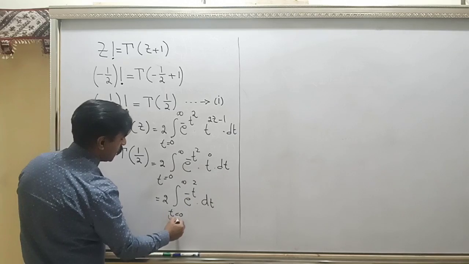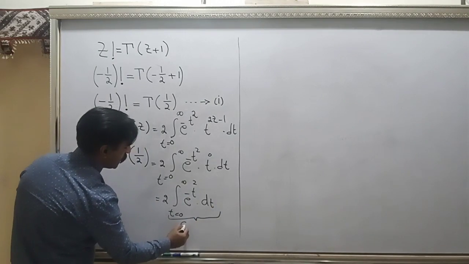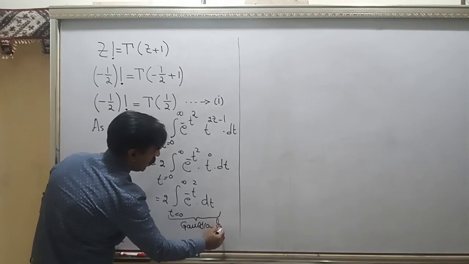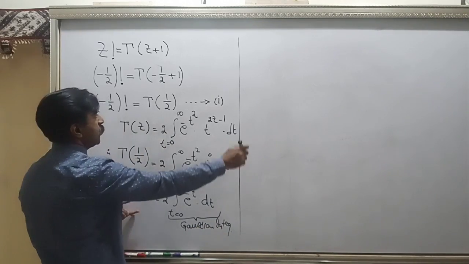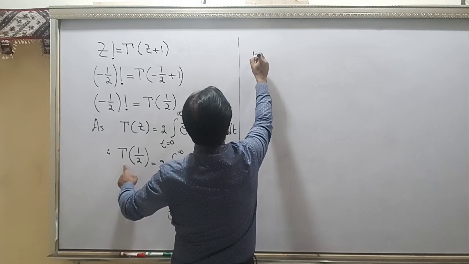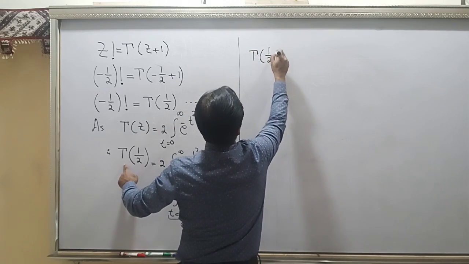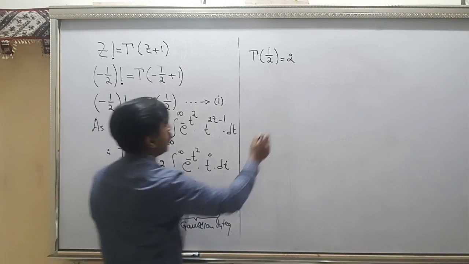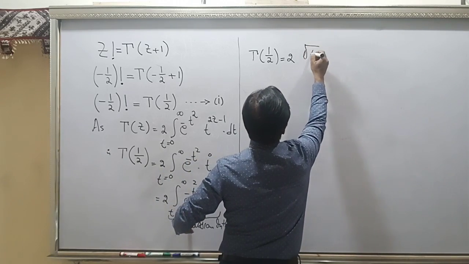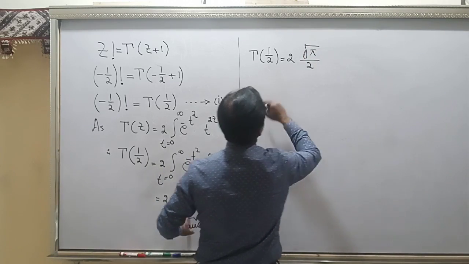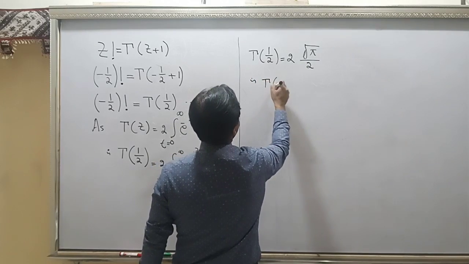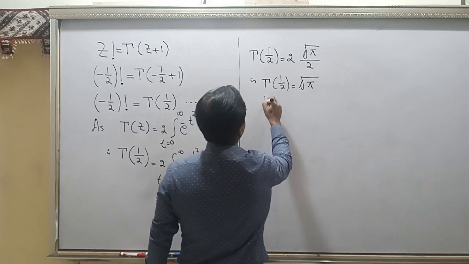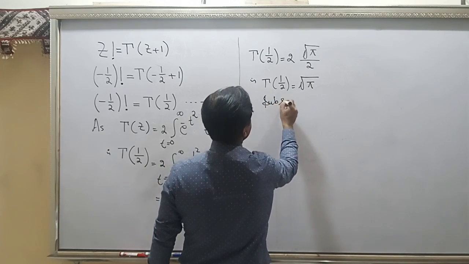And its value is twice, this is already present, square root of pi over 2. Therefore gamma of 1 over 2 is square root of pi.